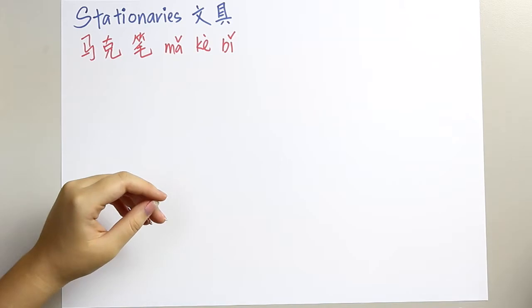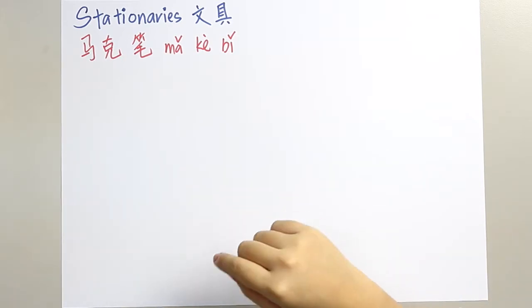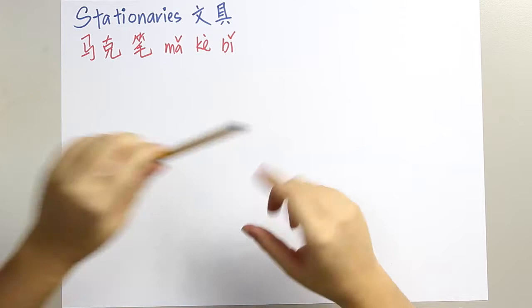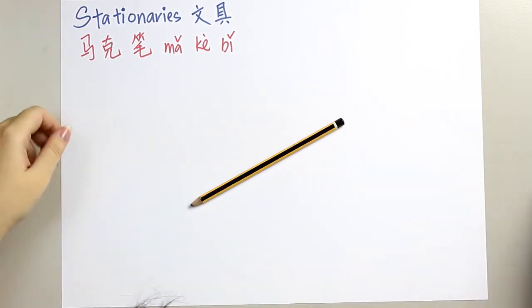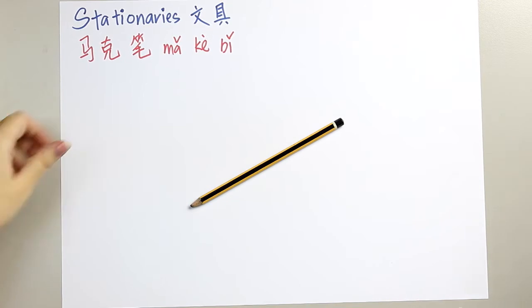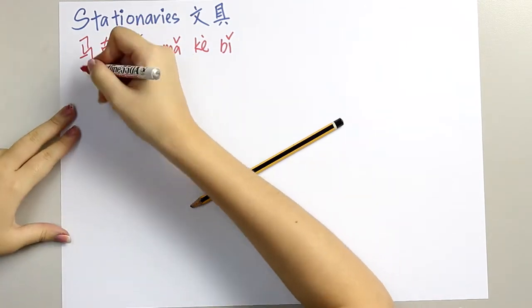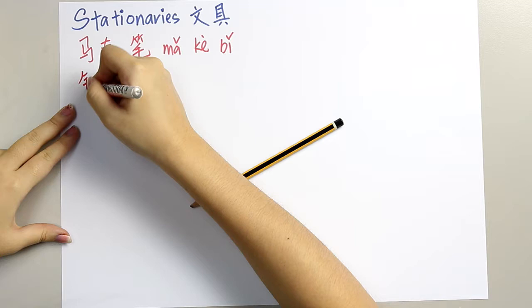So, next on, I will show you guys some examples as well, such as this. What is this? This is 铅笔.